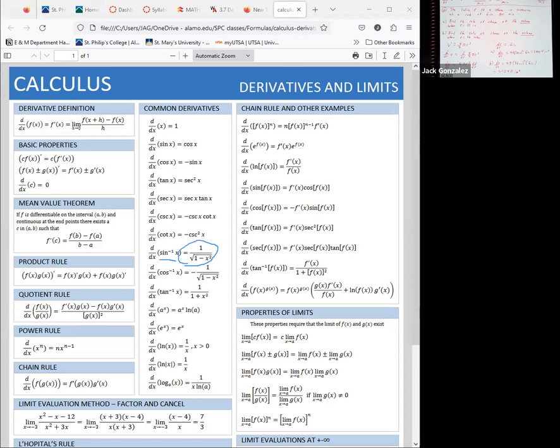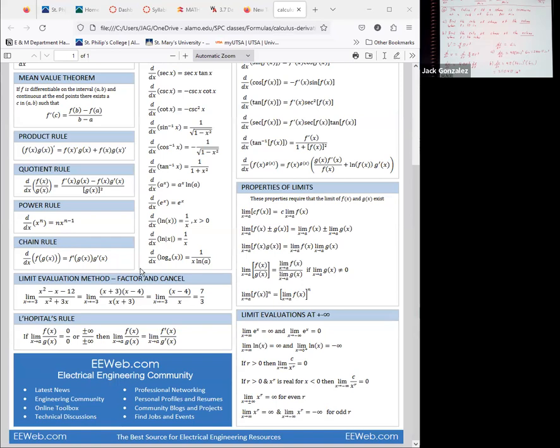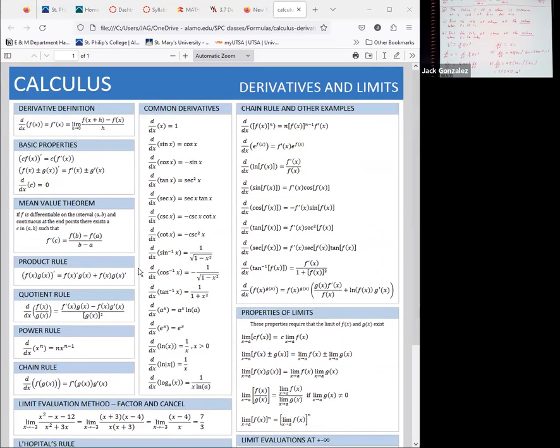Okay, now there is an additional piece that incorporates the chain rule. Let me see if I can find it. No, I don't think they're on here. But basically, let's say there was a 2x in here.